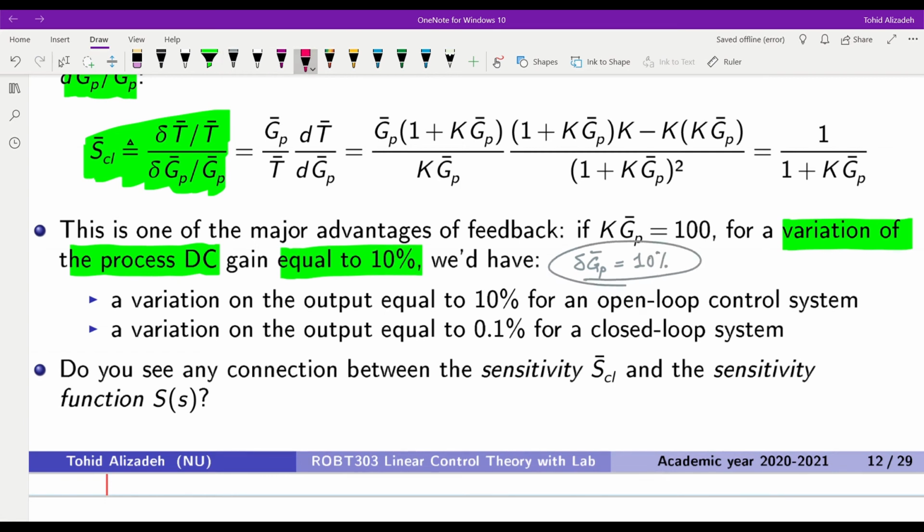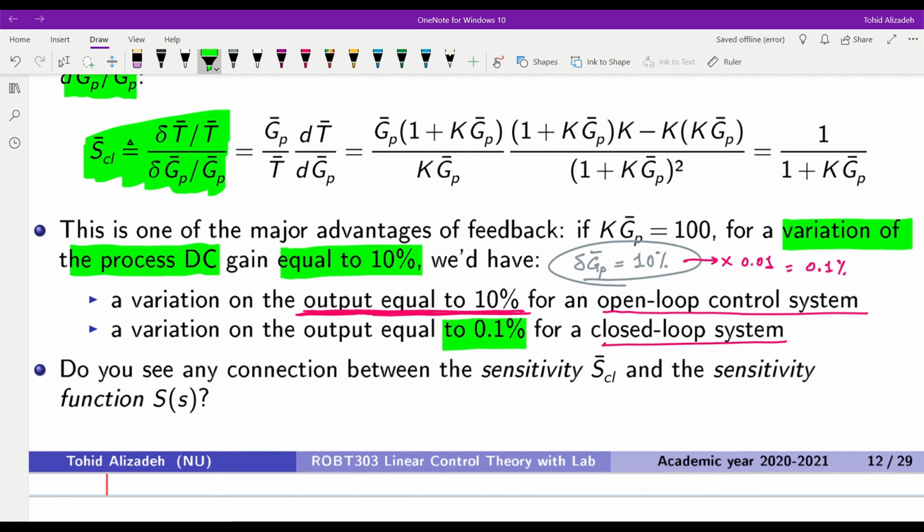Then for the open loop control system, we will get exactly the same 10% variation for the output, or for the DC gain of the whole system, which will result in the variation for the output. While for the closed loop system, that 10% will be multiplied by 0.01, and therefore we will get 0.1%.